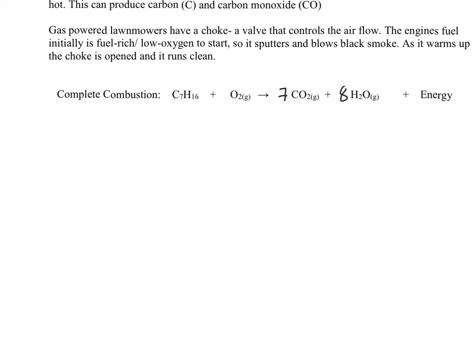And we're going to do oxygen last. Oxygen you do last because it's an element. So if you change the coefficient in front of it, you're only changing one element. And it's not having a ripple effect on your other entities in your equation. So on the right hand side now we have 2 times 7, so 14 oxygens, and 8 times 1, 8 oxygens.